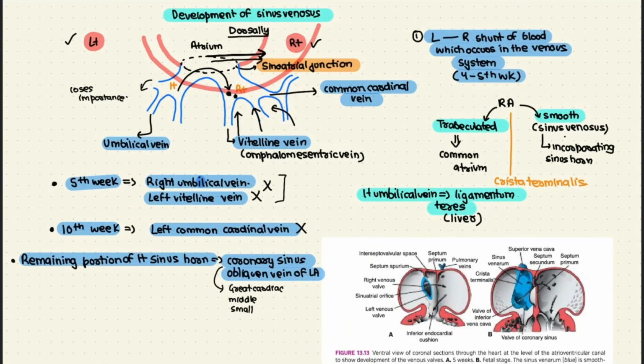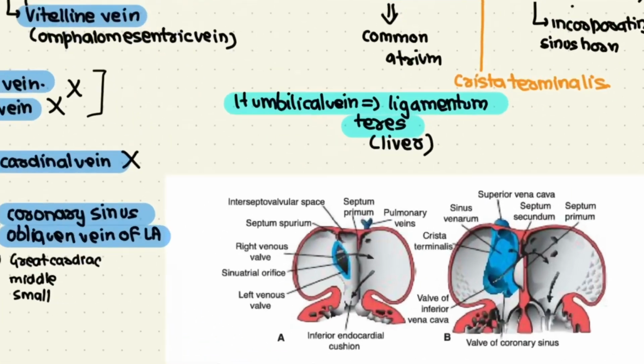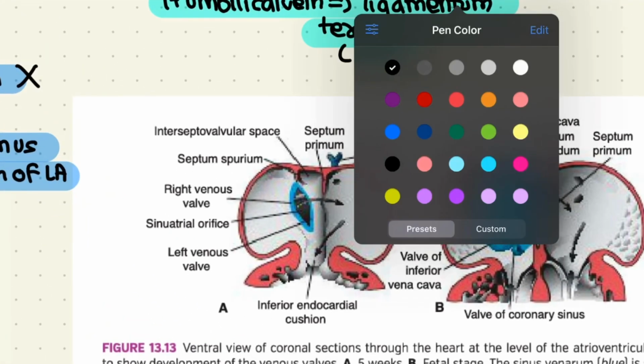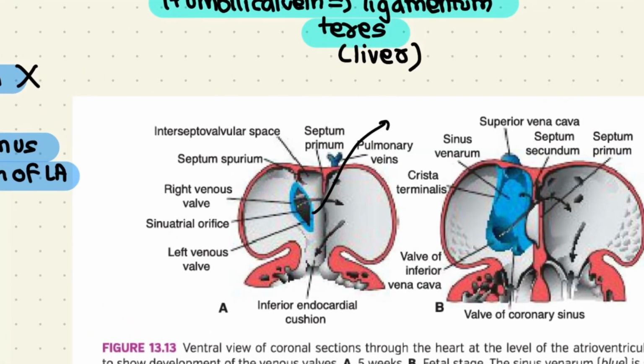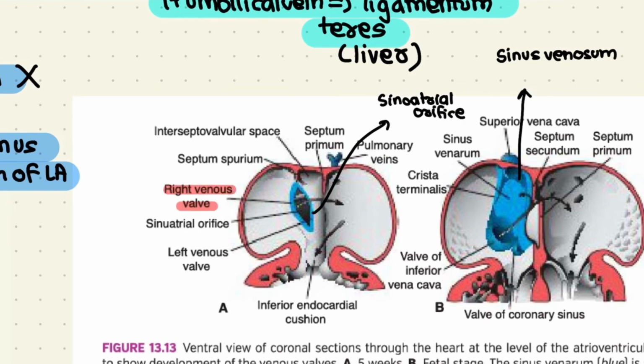When it gets incorporated, it gets converted into a smooth structure known as the sinus venosus. And this is again the sinoatrial orifice, which has shifted towards the right. It has two valves: a right venous valve and a left venous valve.